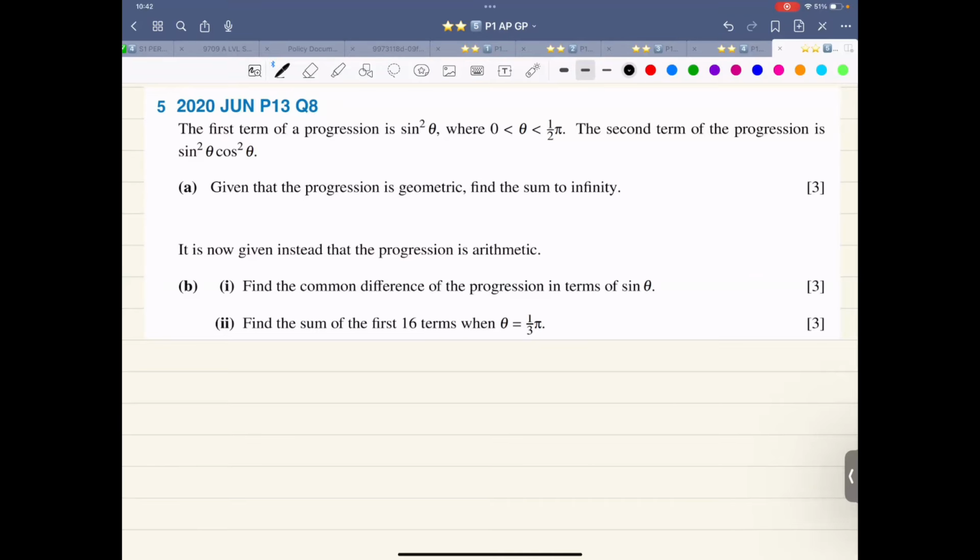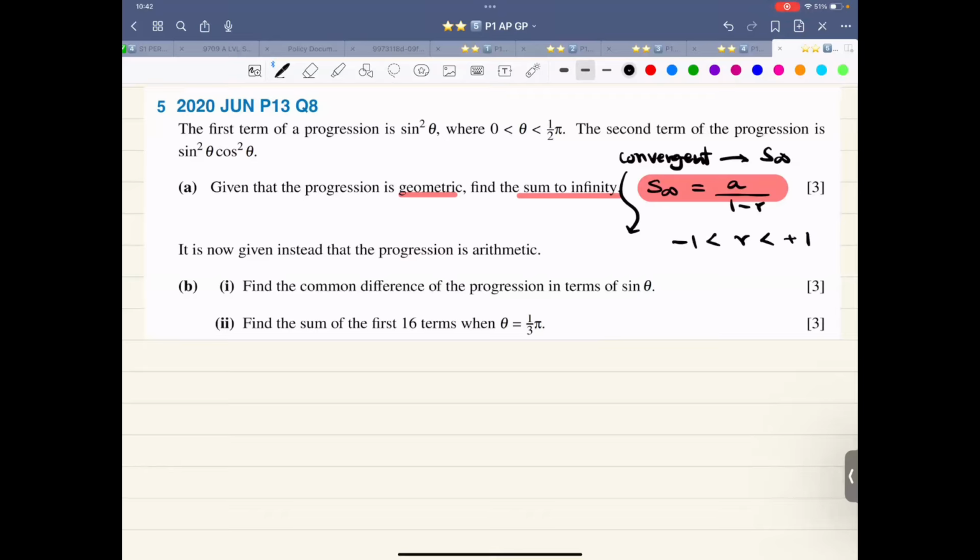Given that the progression is geometric, first of all, they're asking from the perspective of geometric, find the sum to infinity. And over here, the knowledge is that sum to infinity exists when common ratio lies between 1 and minus 1. If it's asking for convergent, that means it's related to sum to infinity, and convergent relates to common ratio lying between negative 1 and positive 1.